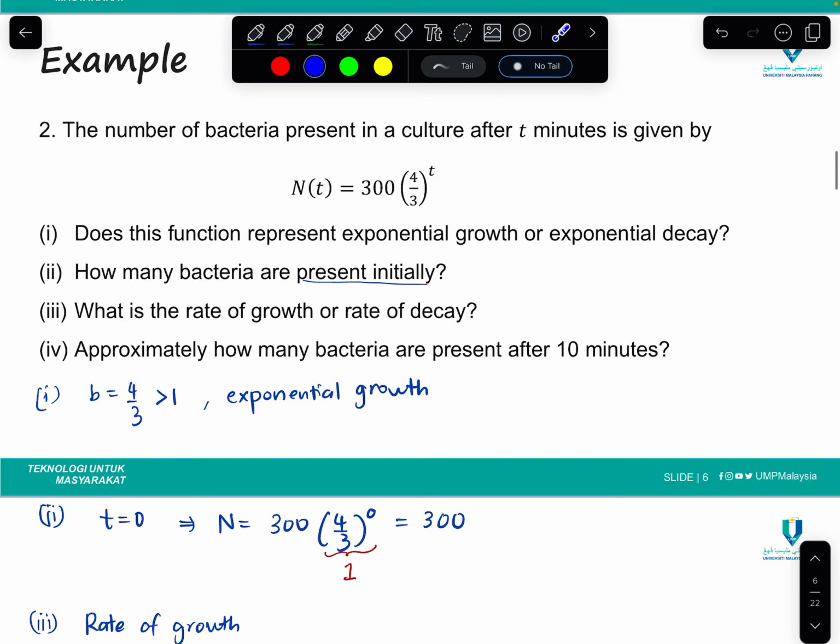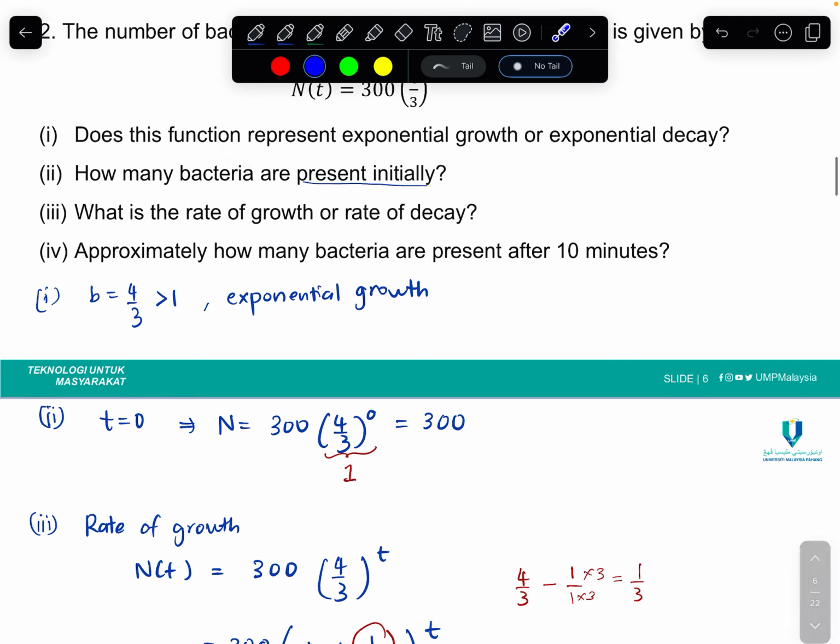Okay, now let's look at question number 4. Approximately how many bacteria are present after 10 minutes? Notice that t here is measured in minutes, so you can substitute any t value inside the function.